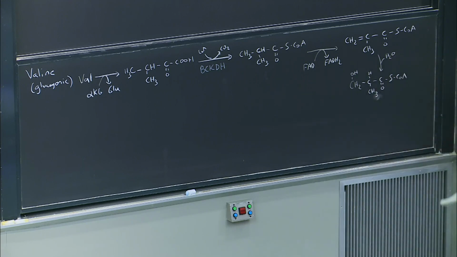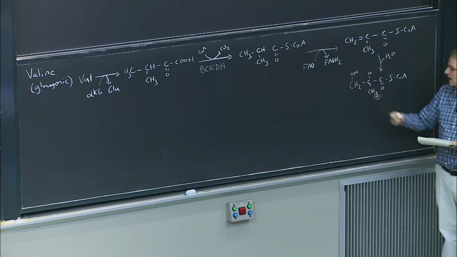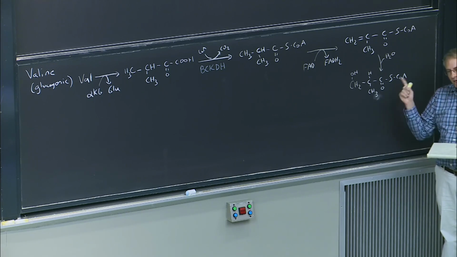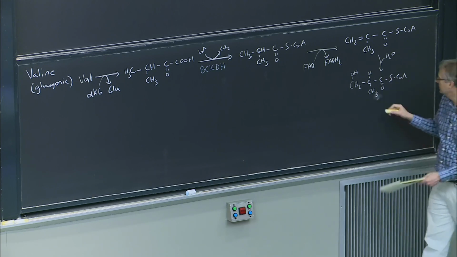Okay, water across that double bond. Next, if we oxidize this alcohol twice, so oxidize it once, we'll get the aldehyde. Oxidize it again, we can get the carboxylic acid.